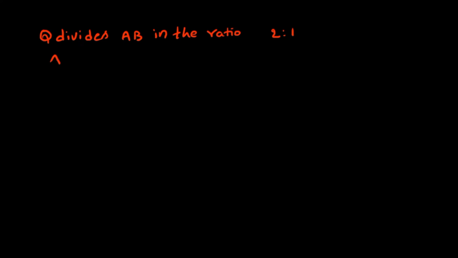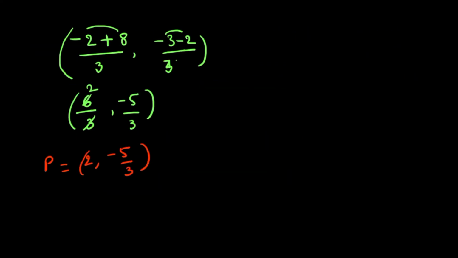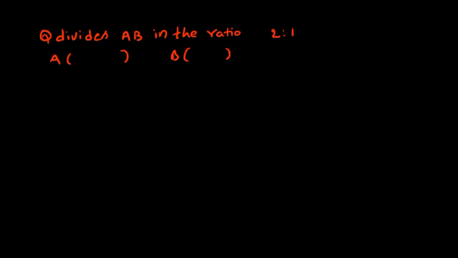Once again we note A and B, what they gave in the question: (4, -1) and (-2, -3). These are the 2 given points. So we take this as x1, y1, and this as x2, y2, with m1 and m2. Okay, so now I'm going to find Q.